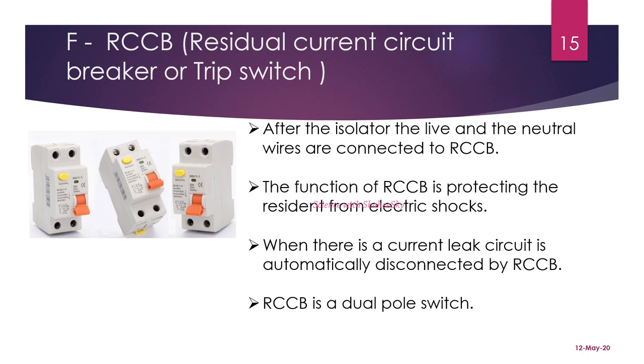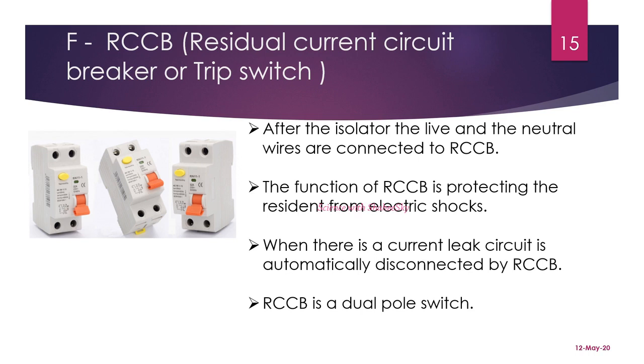The function of the RCCB is protecting the resident from electric shocks. When a current leakage occurs in the circuit, this RCCB automatically disconnects. The RCCB is a dual pole switch.